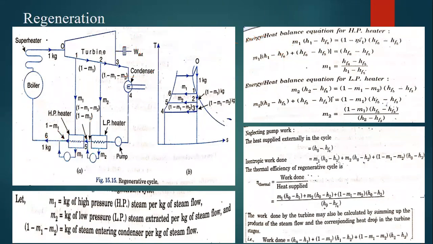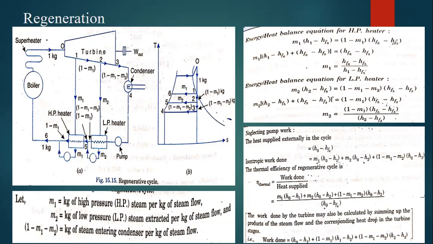In that way, we are going to apply the steady flow energy equation. That means this 1 minus M1 term from the input, we have taken from the LHS to the RHS. It was plus here, and since we have taken it to the RHS, it will become minus here.